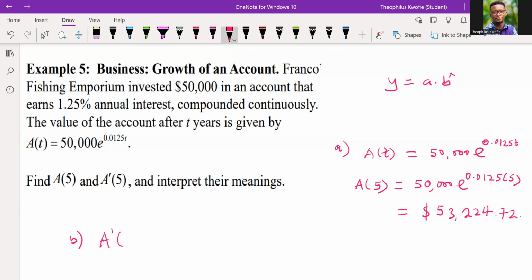So as we said, we maintain the given function, then we multiply it by the derivative of the exponent of e.